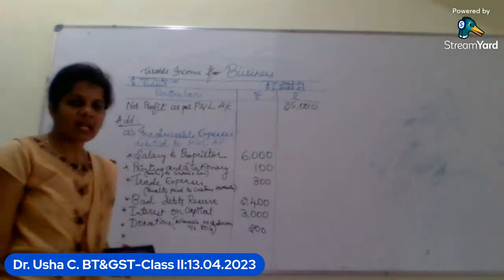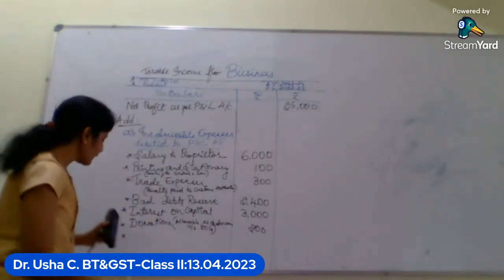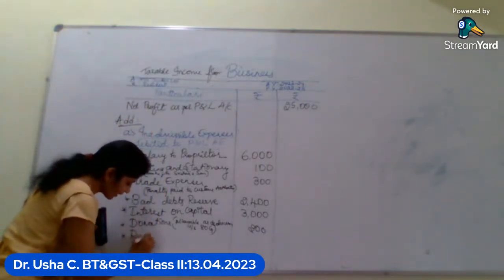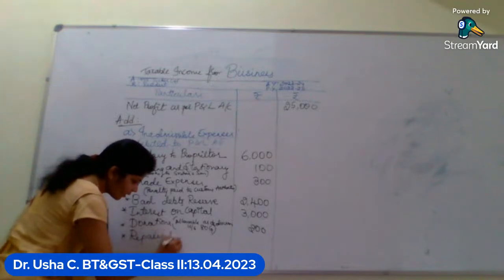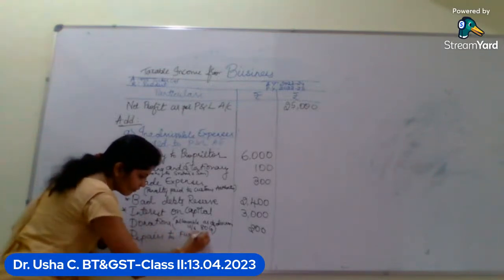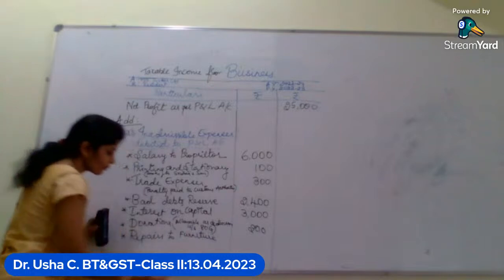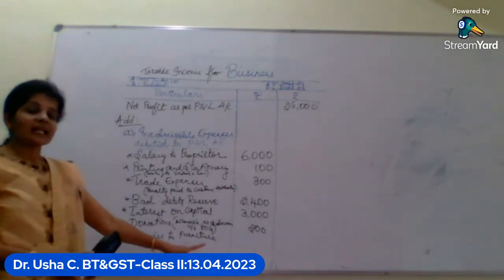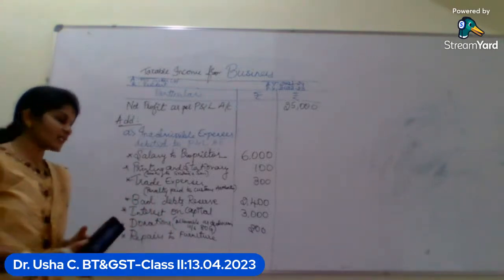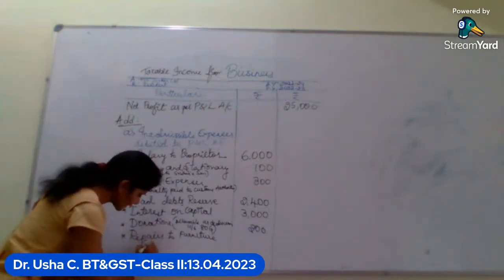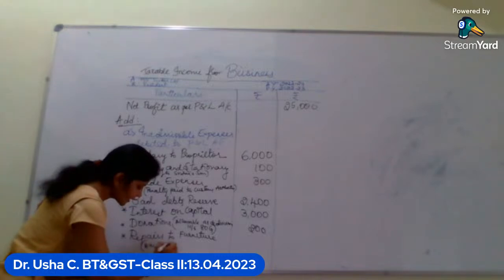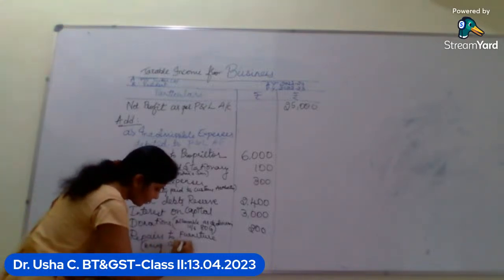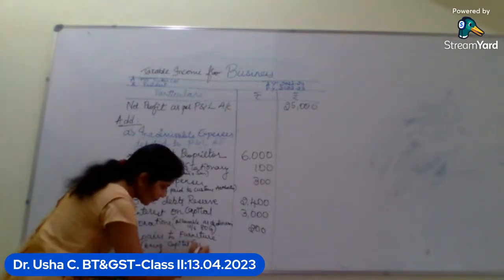Next, after donation, the next is repairs to furniture. This amount of expenditure incurred for repairing the furniture is a capital expenditure. In bracket, you can write it as being capital expenditure, it is disallowed.